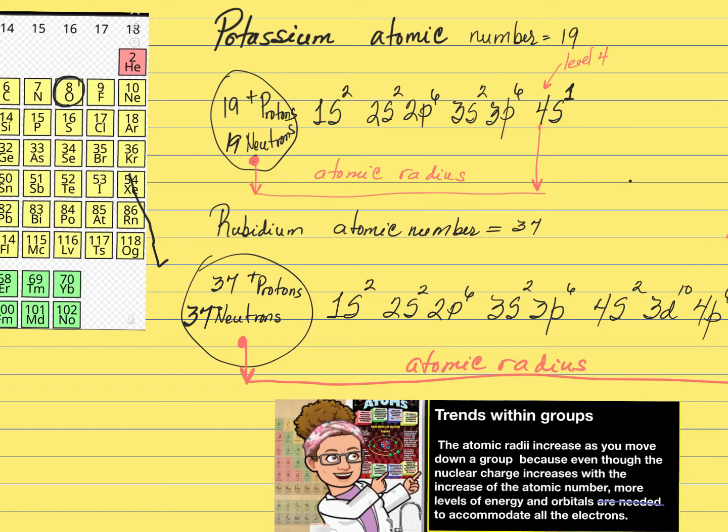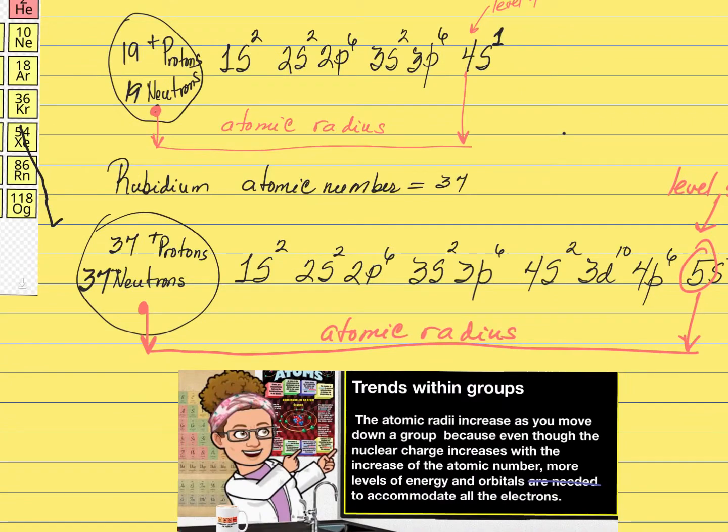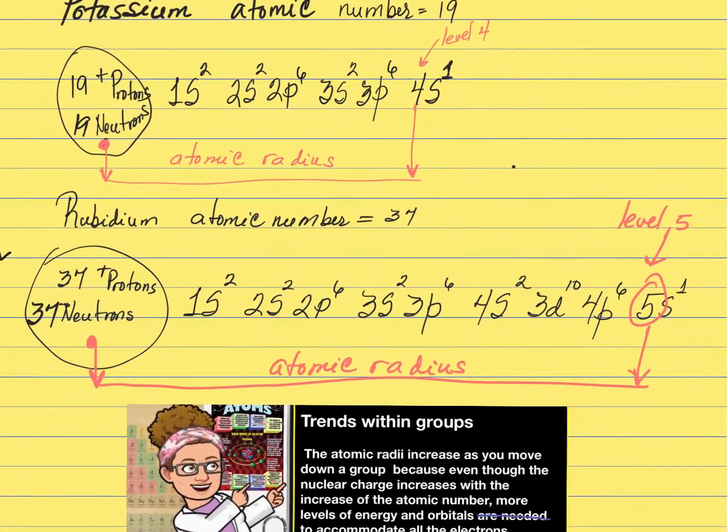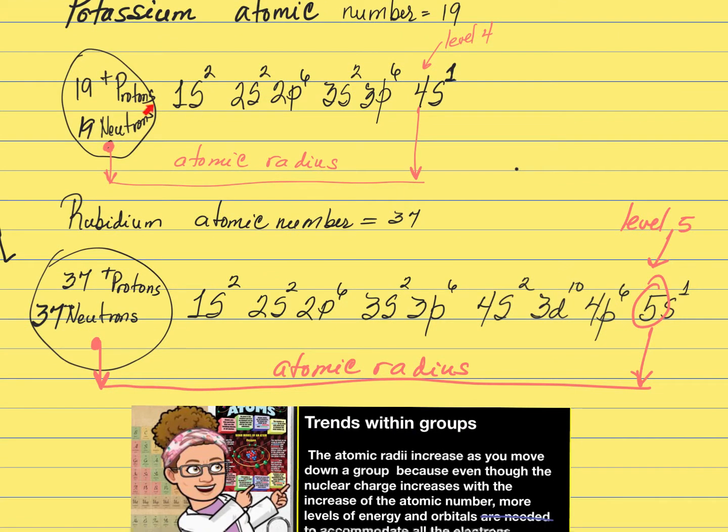So down a group, what's going to happen? The atomic number of rubidium is 37, meaning that you have to organize 37 electrons in the cloud. See the difference between potassium and rubidium when you go down a group. Center of the nucleus all the way through level number 4.